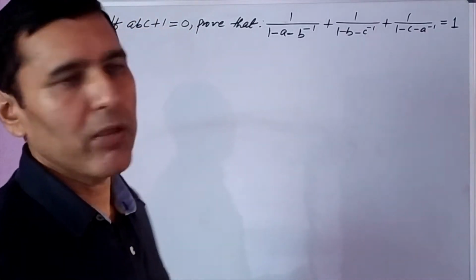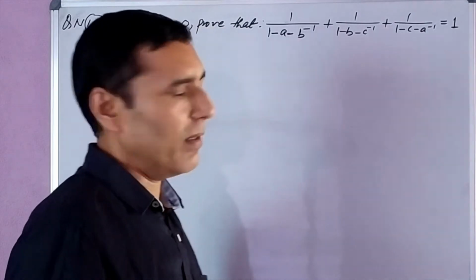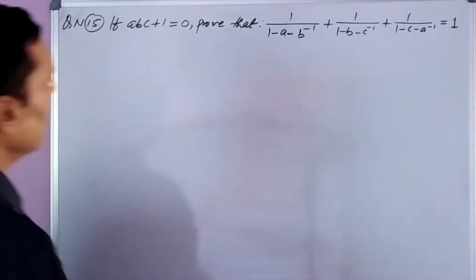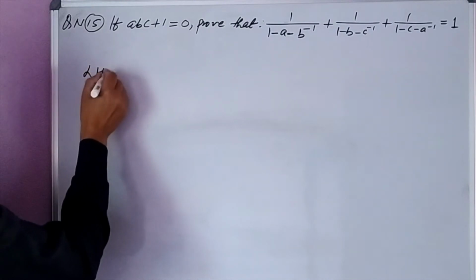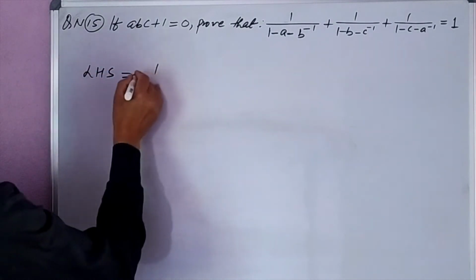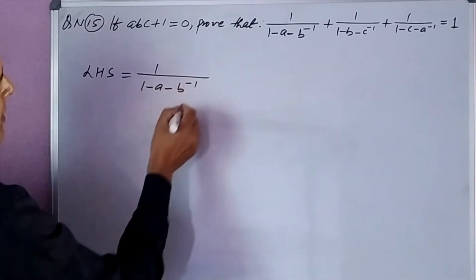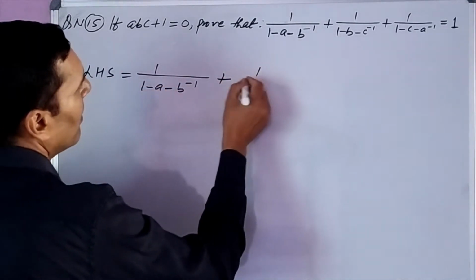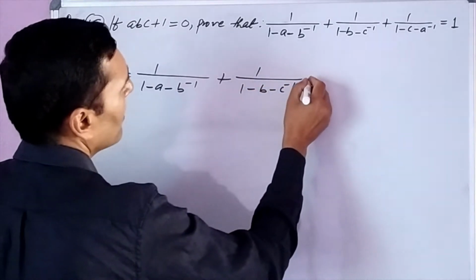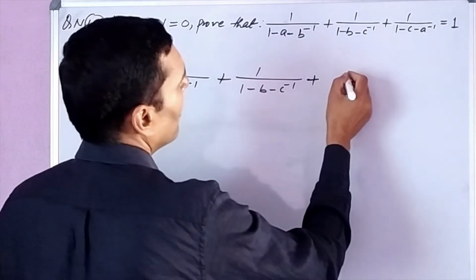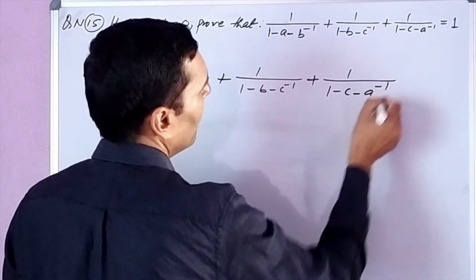After having the same denominator, by taking the LCM easily we will get the right hand side, 1. So let's start with the left hand side: 1 upon 1 minus a minus b to the power minus 1, plus 1 upon 1 minus b minus c to the power minus 1, plus 1 upon 1 minus c minus a to the power minus 1.